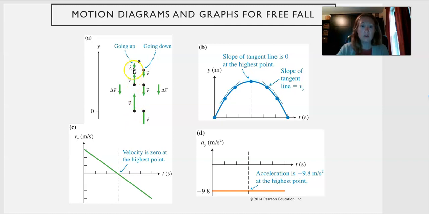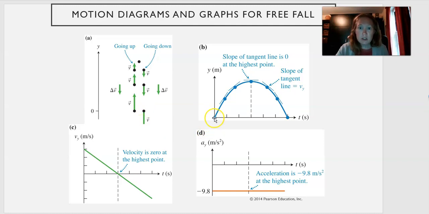And it's slowing down, so the velocity vector is getting shorter and shorter. It pauses up here for that moment, just like Wile E. Coyote paused when he jumped or left the cliff. Okay, and then as it goes down, it's speeding up, and you can see that velocity vector grow in magnitude.